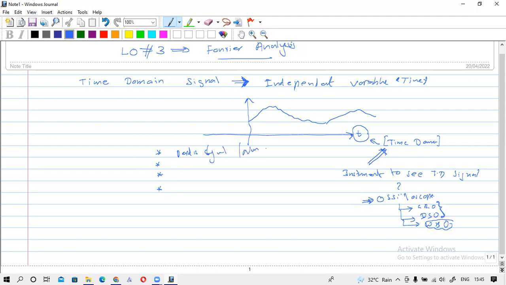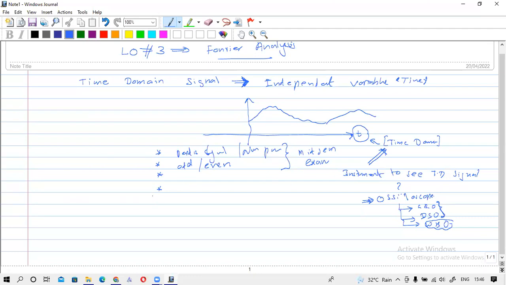We have discussed many types of signals under signal classification. So these are time domain signals. The periodic signal and odd and even signal will come to your mid-sem exam.